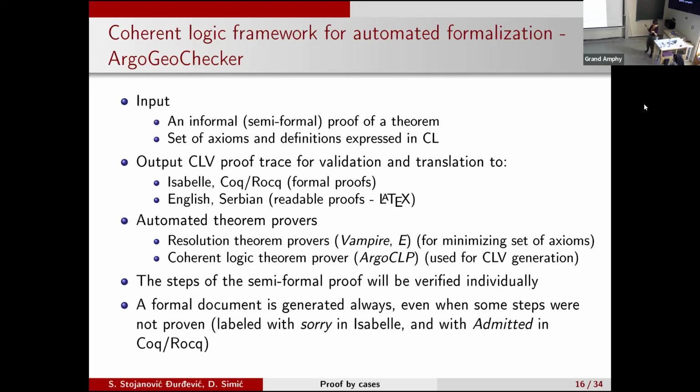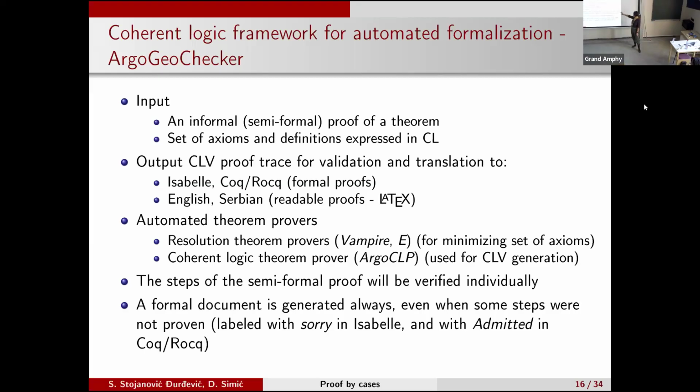We could assess the real power of our coherent logic theorem prover, but we noticed that we can use resolution theorem provers again like a little black box, from which we extract just the relevant axioms that are used in the proof of that theorem.